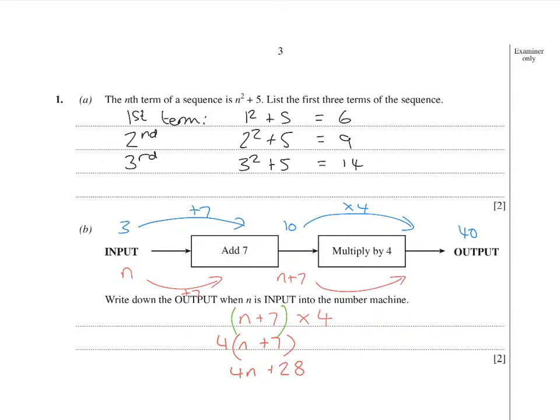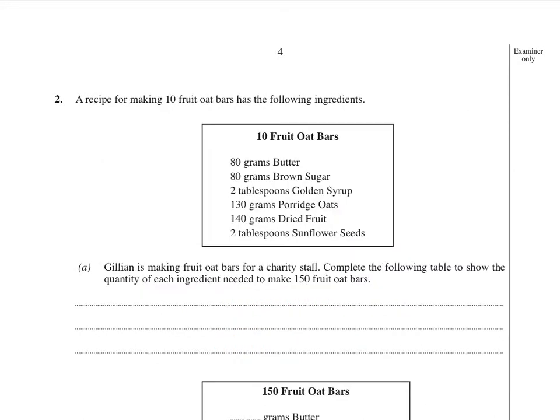Okay? The next question says a recipe for making 10 fruit oat bars. So it gives me all of those instructions there. I'll worry about that in a minute. What is it asking me? It's asking me, she's making some fruit oat bars, complete the following table to show the quantity needed to make 150.